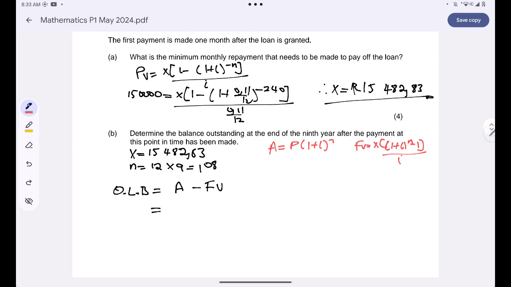So in both of these formulas, n will be the same, 108. The principal amount will be the original value of the loan, and then X is what we just calculated. N is simply 108.